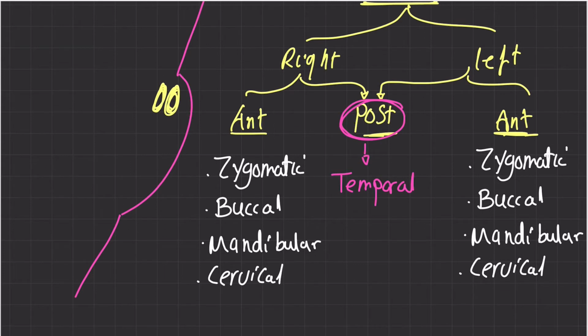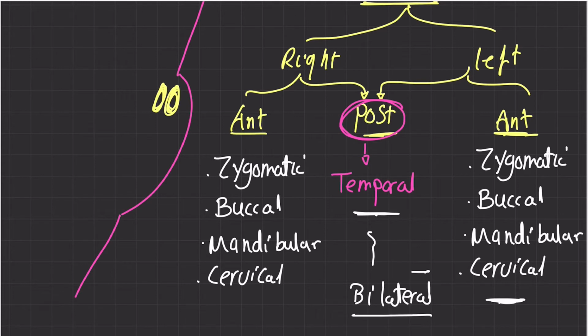So here comes the question. What if the right facial motor nucleus, meaning the right anterior and posterior facial motor nucleus, is affected? The branches zygomatic, buccal, mandibular, and cervical will be affected.